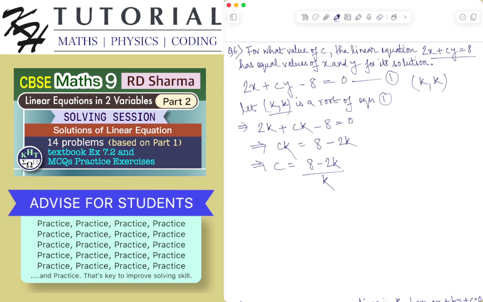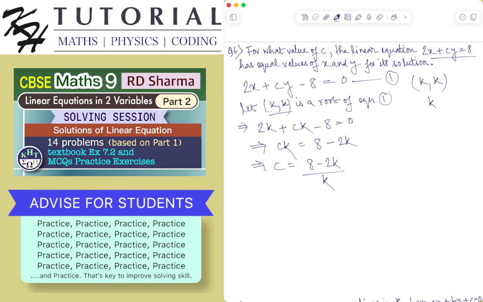Now, definitely, k cannot be 0. We are having c equals to 8 minus 2k by k. So this is some expression in terms of k. K cannot be 0 because then we will have a division by 0.